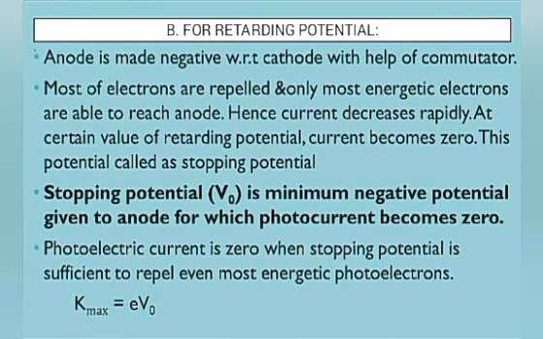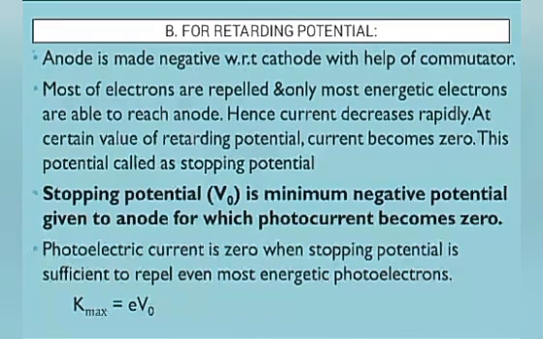Means, as I told earlier, anode is connected to negative terminal of the battery and cathode is connected to positive terminal of the battery. Here most of the electrons are repelled and only most energetic electrons are able to reach anode. Hence, current decreases rapidly.